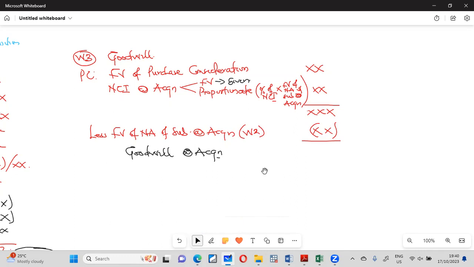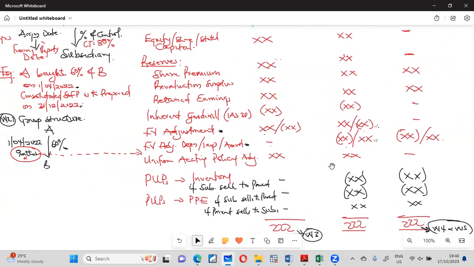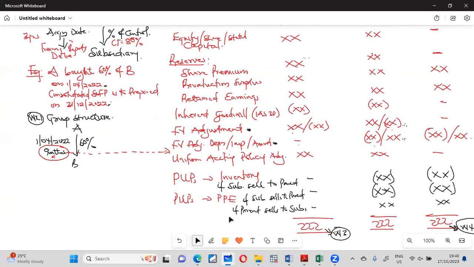All right. So that is that. So goodwill at acquisition, this is how you find it. If it is fair value method, hallelujah, they will give it to you. Then you put it straight. If it is proportionate, then it means that you take the NCI percentage. So per the example that we've been using here, if the person bought 60%, then the NCI is what? 40%.